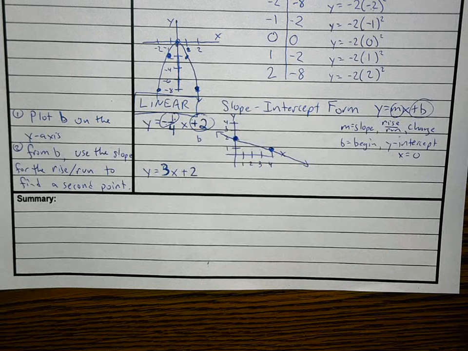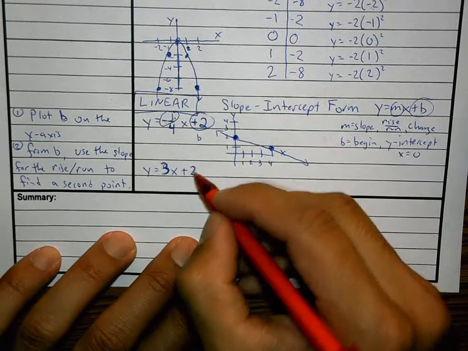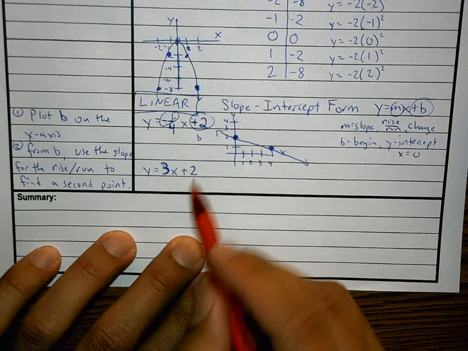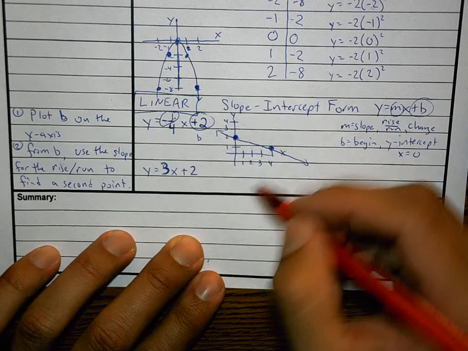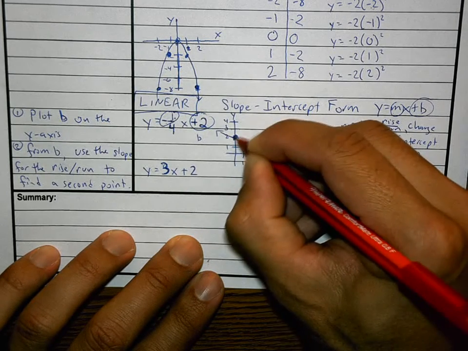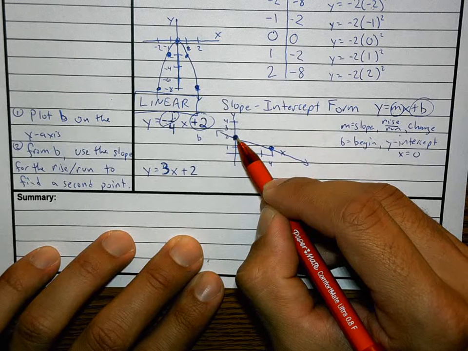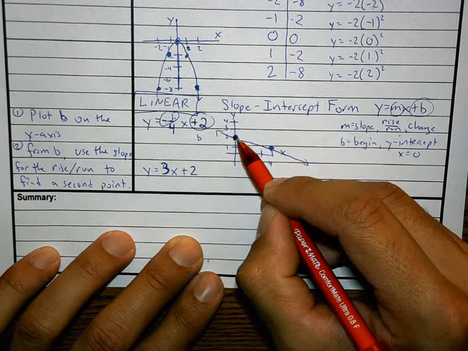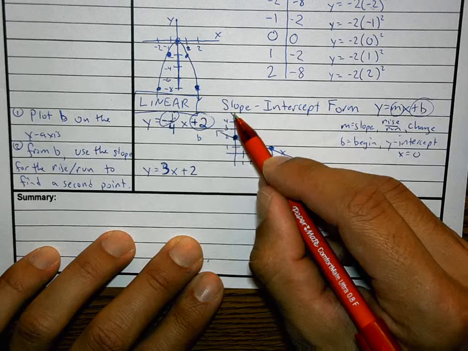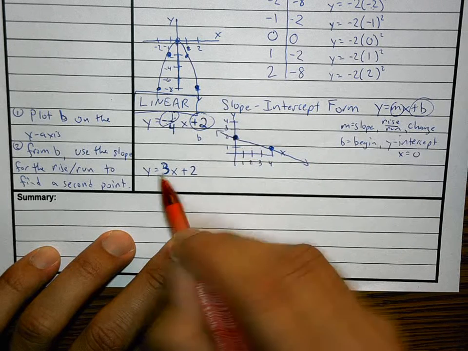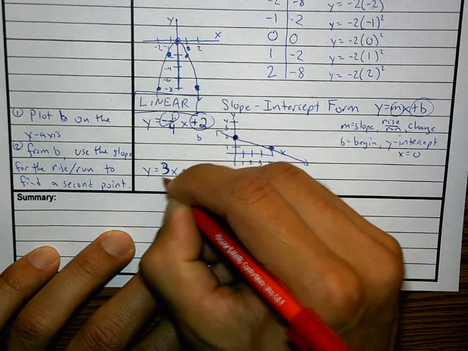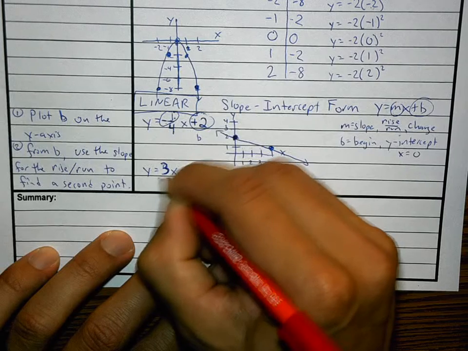I have red, so I'm going to use red this time. My first point is which point? I'm putting it in red. And what's the rise over the run? What do I rise? 3 over 1, 2, 3. If you forget, this is 3 divided by an invisible 1.